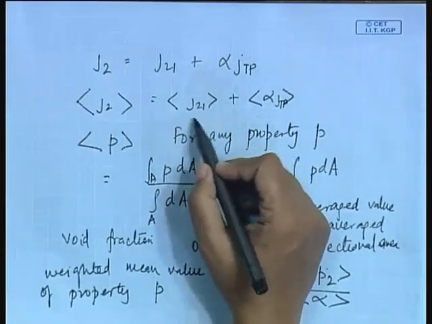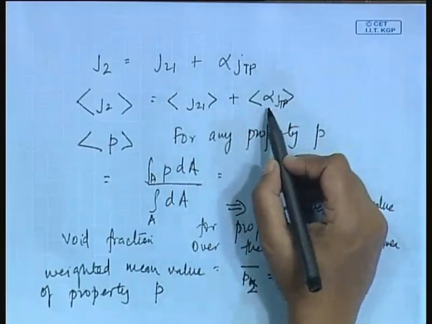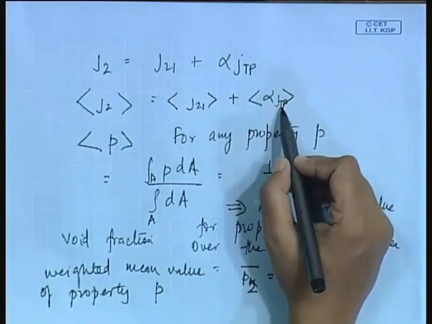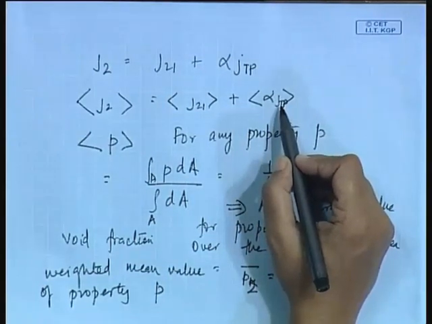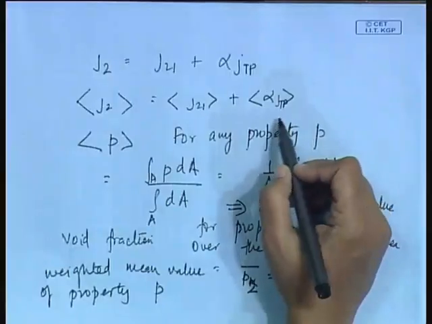So, this also can be found out easily. Now, for finding out alpha into JTP, for each particular point you have to measure alpha, at each particular point you have to measure JTP, you have to multiply the two, and then you have to integrate the entire functional form. Now, this is not very easy.